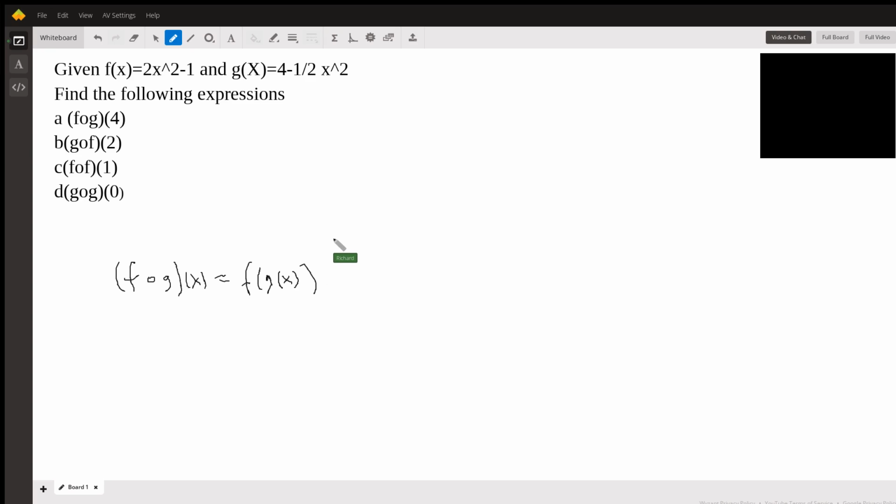So we're just going to run through these now and figure out this problem. We have f of x is 2x squared minus 1, and g of x is 4 minus 1/2 x squared.